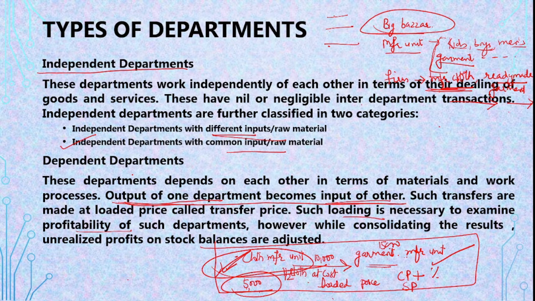So we must understand that we may come across a problem of transfer pricing. We may also come across a problem of distribution of common raw material among the departments. So these problems may arise. I hope the types of departments are clear to you, and when a question comes, you can understand what type of problem it has, because we'll have to solve those problems.